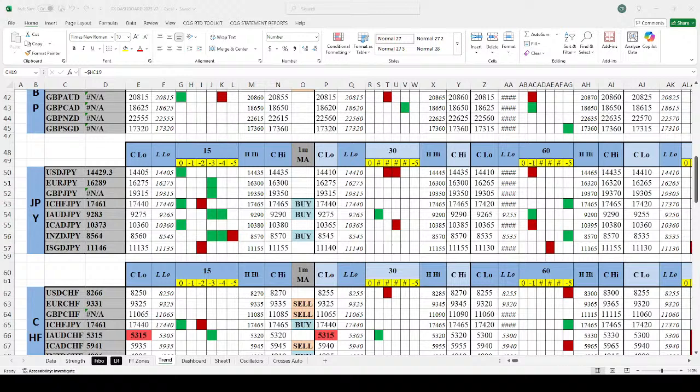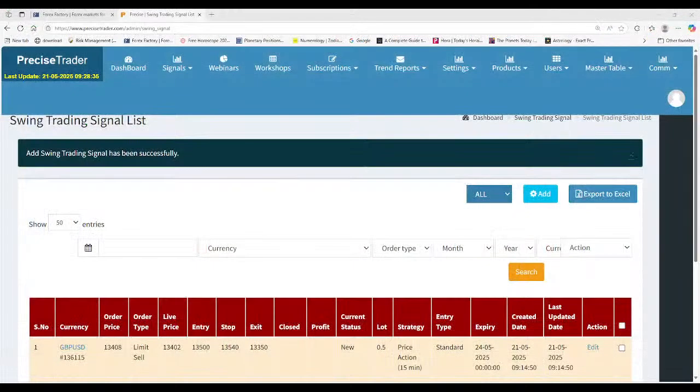Okay, now what I'm going to do is enter a buy at market for dollar yen. Let me enter my system, do an entry at the market, and do 20% or 30% of your usual volume. Okay, do this and take an entry.